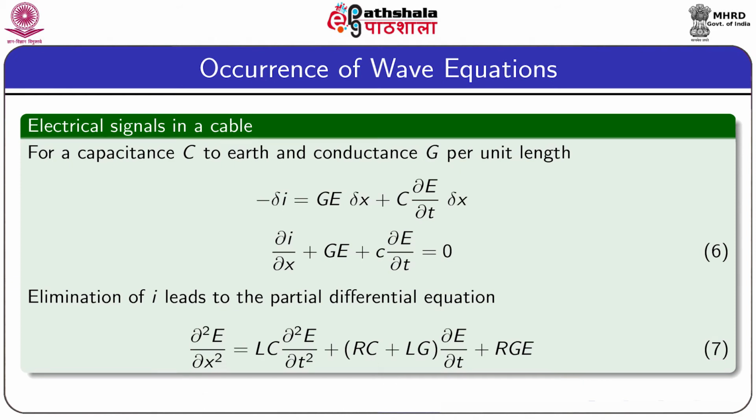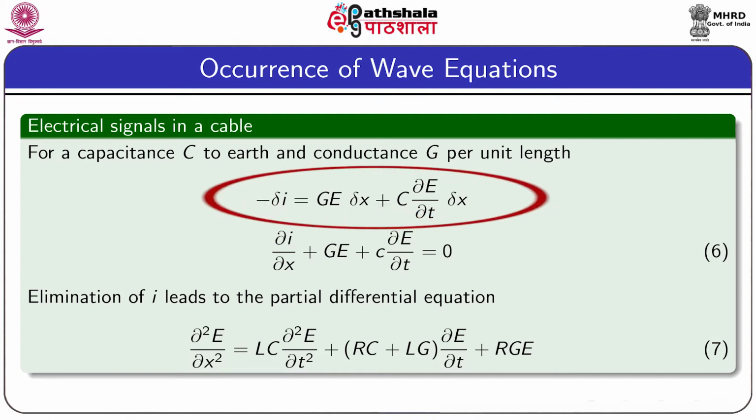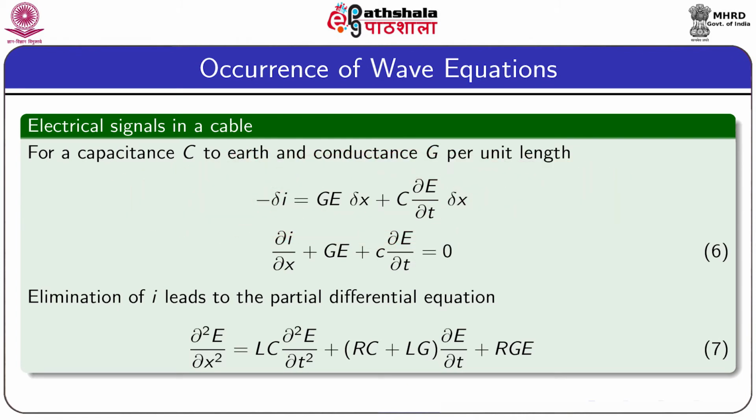Again, for a capacitance C to earth and conductance capital G per unit length, we have the equation minus del I equals G E into del x plus C into del E/del t into del x.